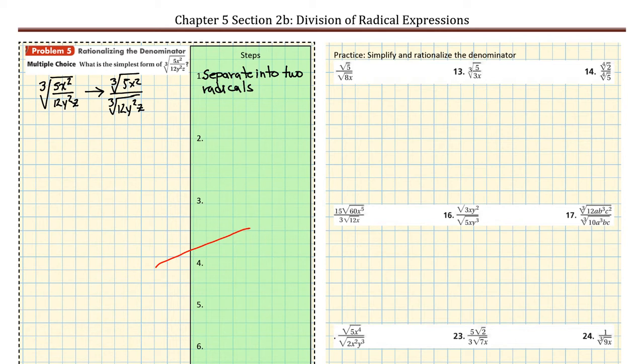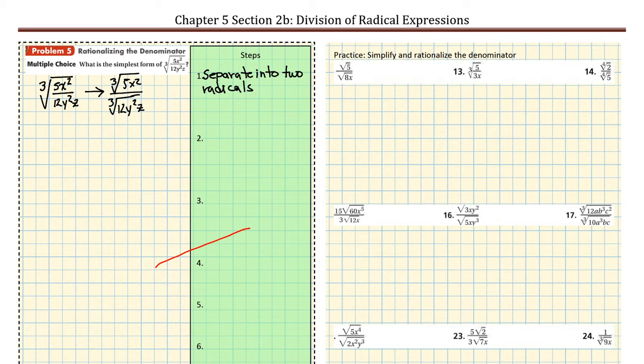Now, our next step is to separate the constants and the variables on the denominator. The reason why we're going to do this is because we need to break apart the 12. So, better yet, this step would be better described as breaking apart the constant into the prime factors that it has.